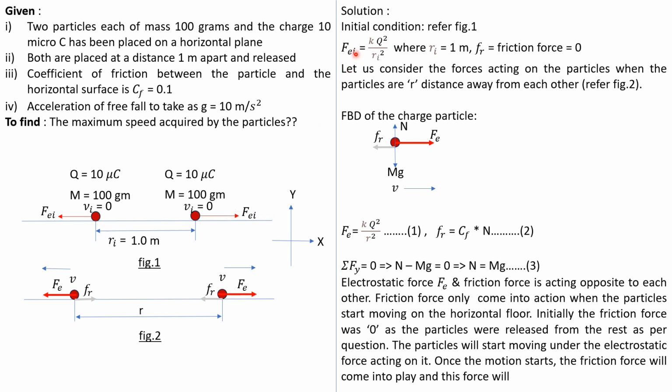So if we write this electrostatic force for the initial condition, this will be equal to K into Q square divided by R subscript I square. R subscript I is 1 meter. Initial I stands for initial wherever you see it. Since there was no motion initially, it has been released from rest, so there is no friction force acting on it right now.